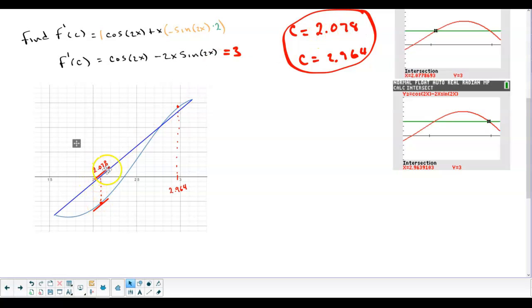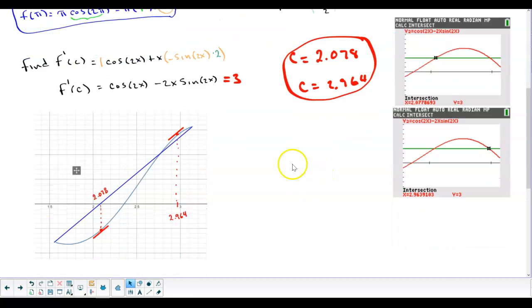And then the second answer, notice we're parallel to the secant line at 2.964. And again, these are estimates, but you can see that those two values that we found for C give us the tangent lines that have the same slope as the secant line, and that's what the mean value theorem does.